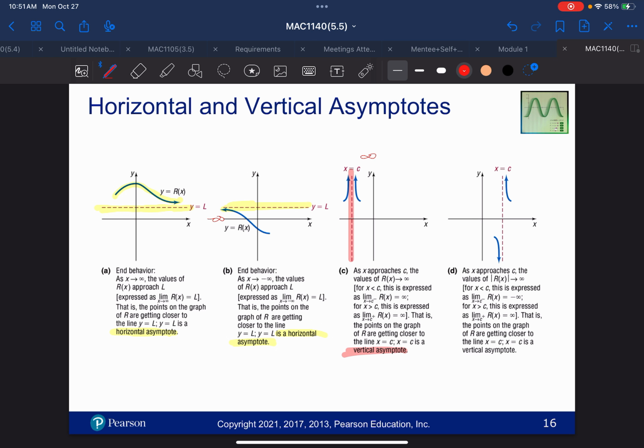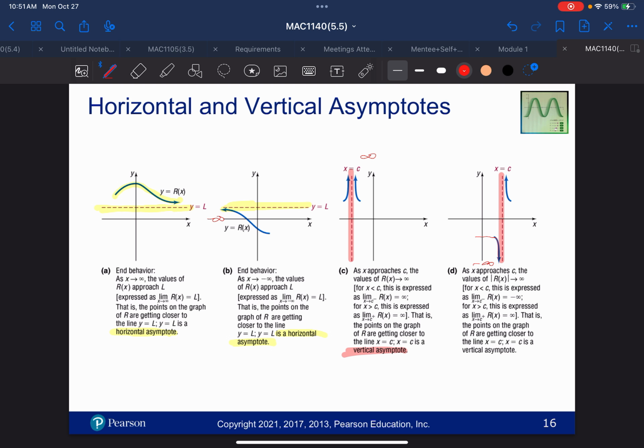And then the last one. So this is an example of a vertical asymptote where, let's look at the left side here, as x is approaching that value of x equals c, the left side is approaching negative infinity.